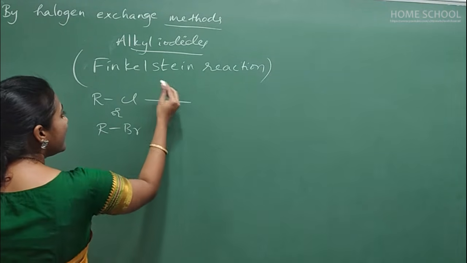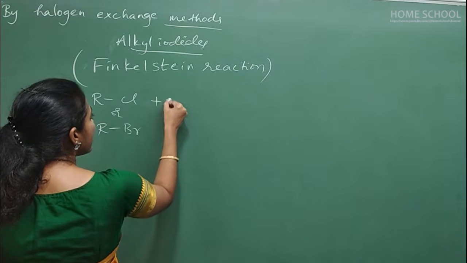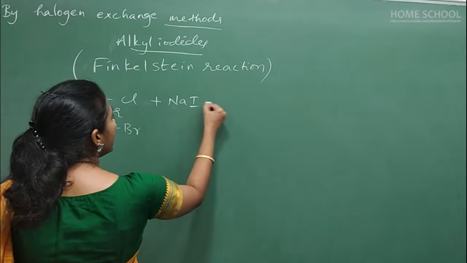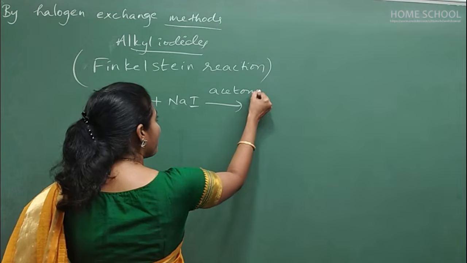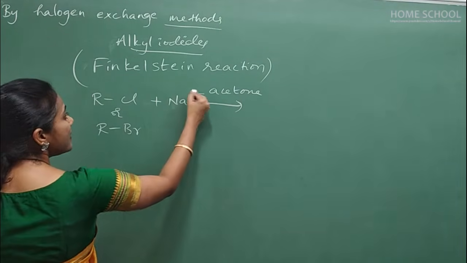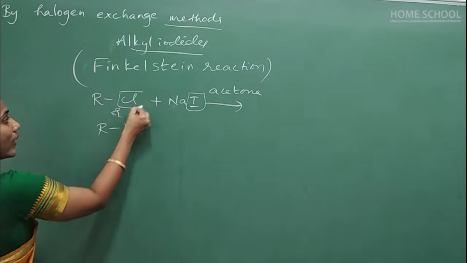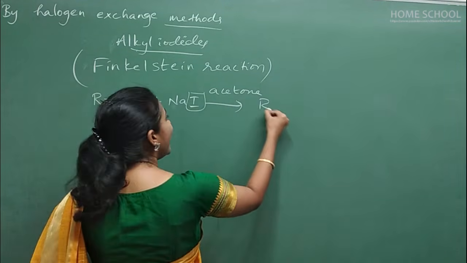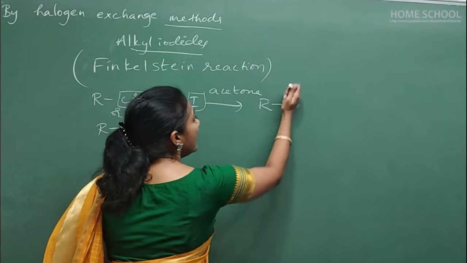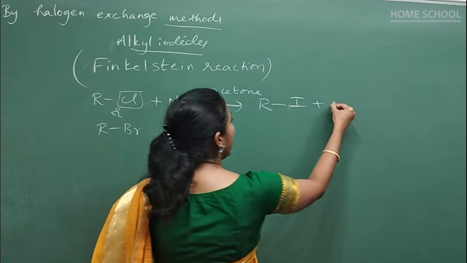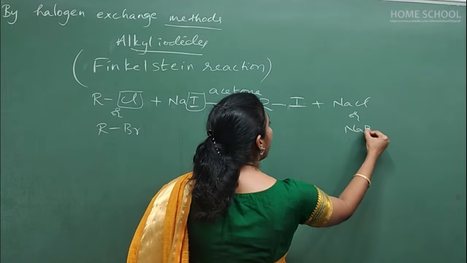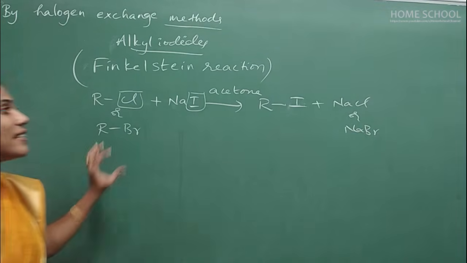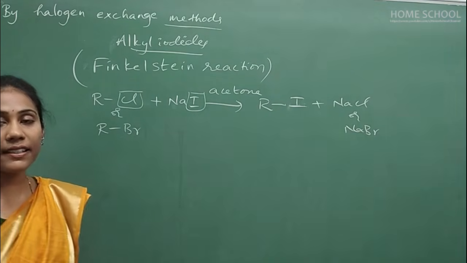When I heat this with sodium iodide in the presence of a solvent called acetone, the Cl gets replaced with iodine. So you would get RI plus NaCl or NaBr. This reaction is called the Finkelstein reaction.